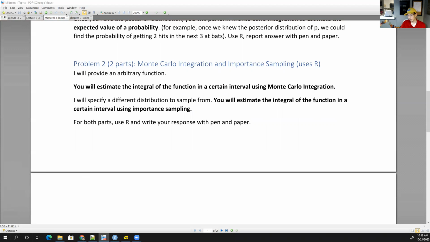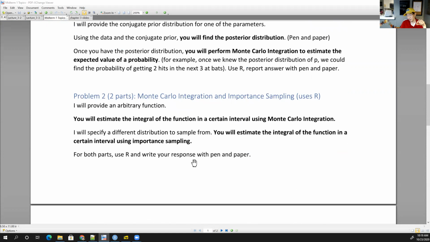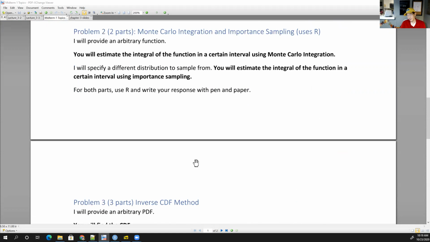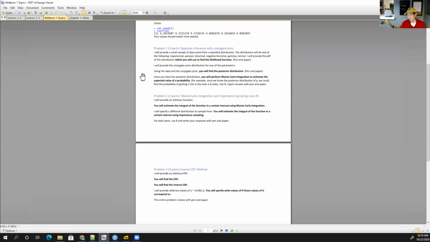So on CCLE, a PDF for the pen and paper stuff, and an RMD template, which will basically just be: put your answer to problem 1, part 3 here, put your answer to problem 2 here, and that will basically be it. Okay. Questions on this? Any?